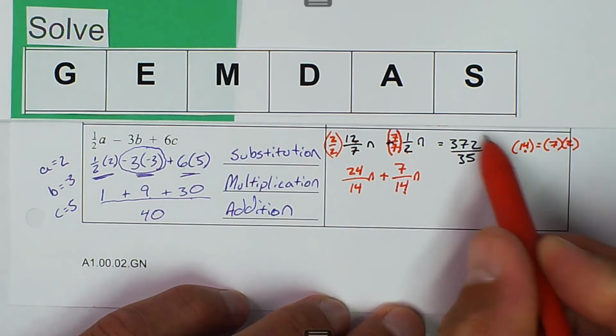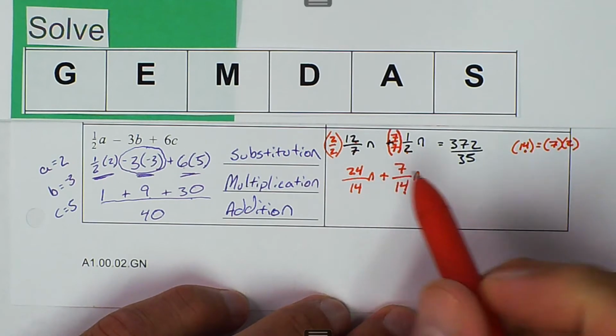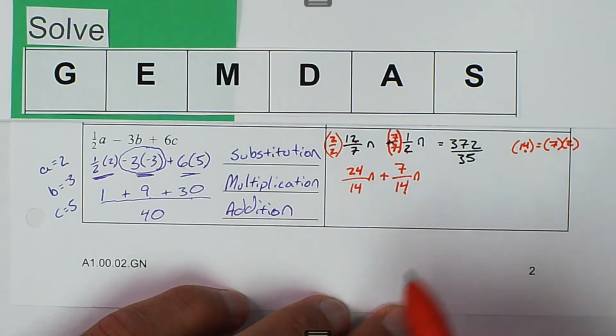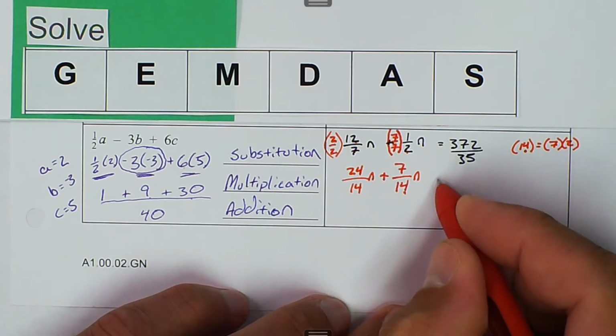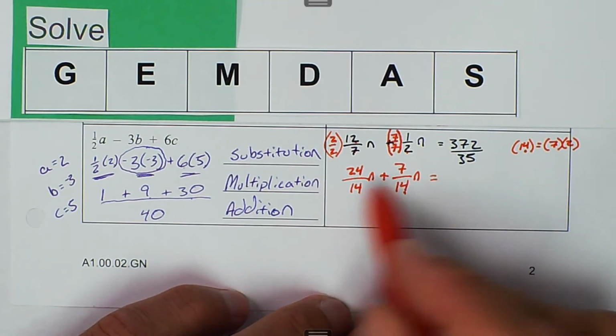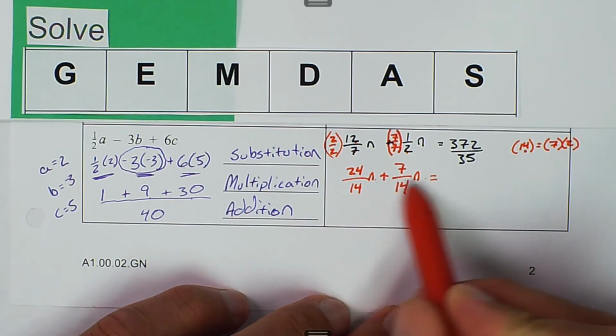We haven't done anything with this right side yet, but we're still working with the left side, trying to get that to one term. So when we add fractions together, because they both have an n, we can add the coefficients.